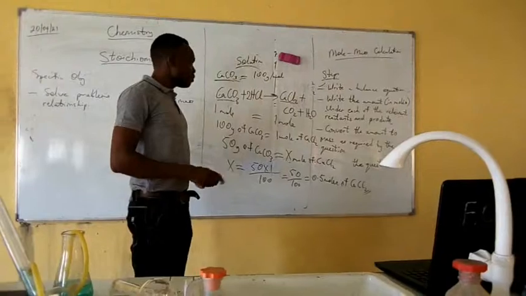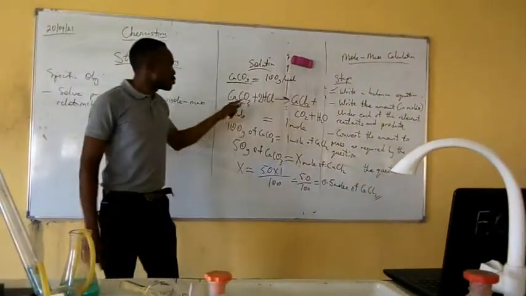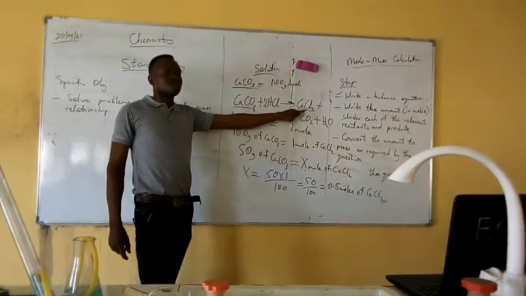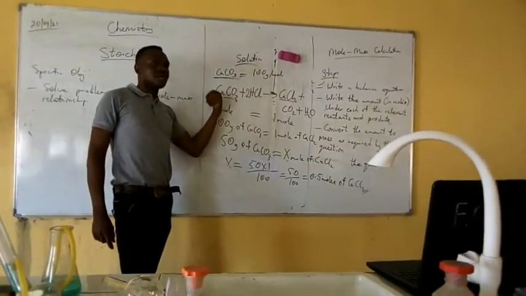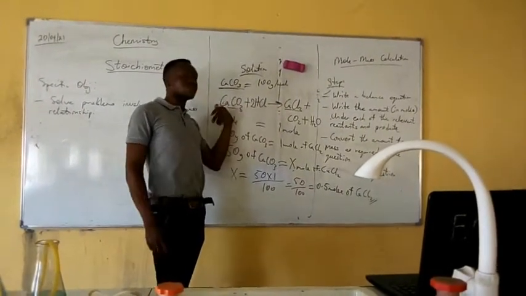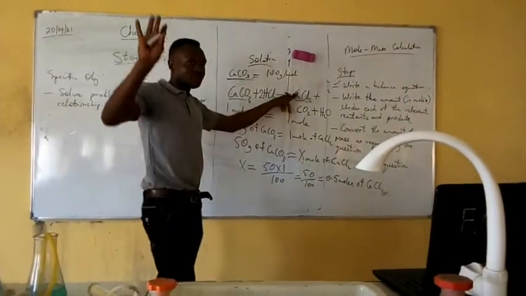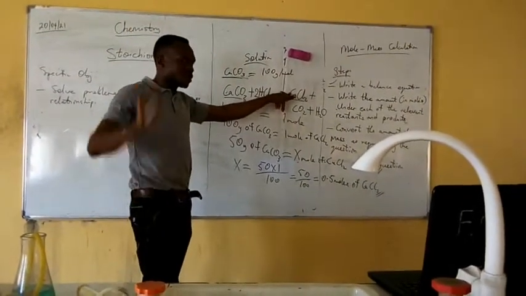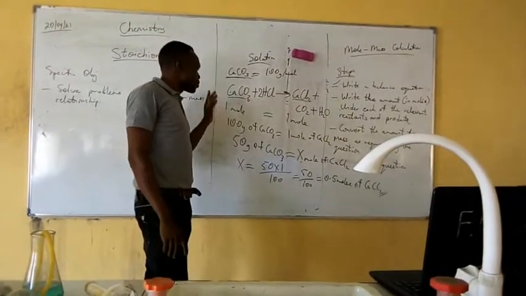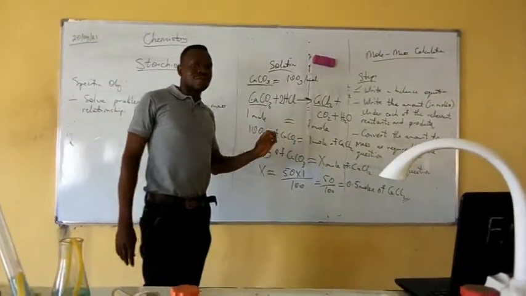So, what we are saying here is that from the balanced equation, we can see the relationship between calcium carbonate and calcium chloride. That 1 mole of calcium carbonate is needed to produce 1 mole of calcium chloride. Here the unit in the question is talking about mass and mole.